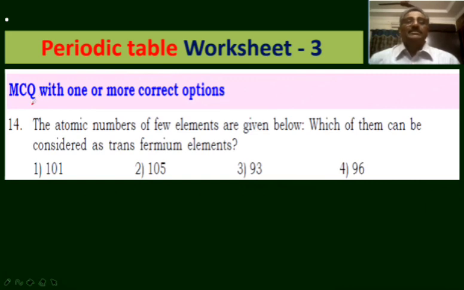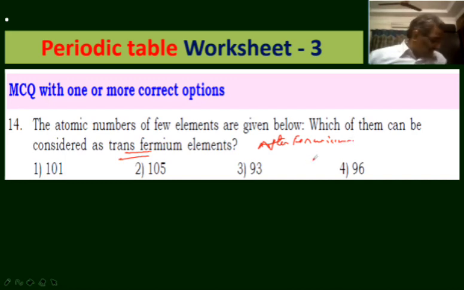Next, multiple choice questions with one or more correct options. The atomic numbers of few elements are given below. Which of them can be considered as transfermium elements? Not trans-uranium. Transfermium means after fermium.